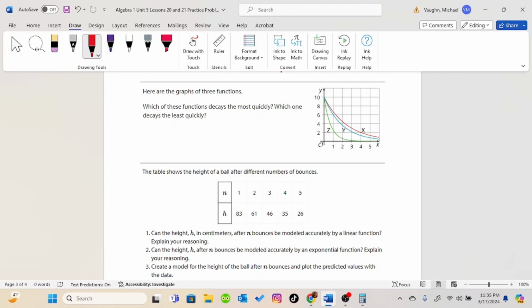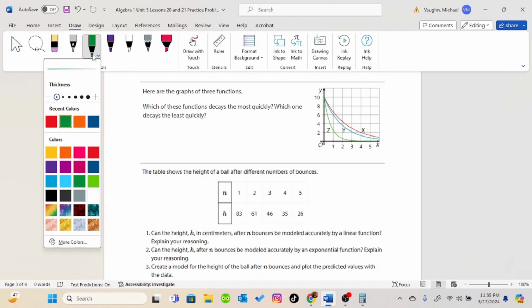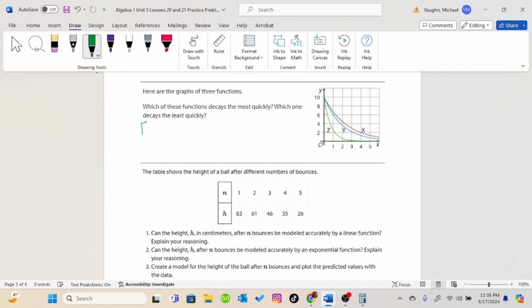Looking at the graph, we see that the green line, function z, drops the quickest or the most steep. So function z decays most quickly.